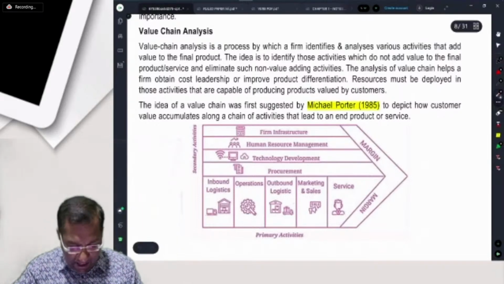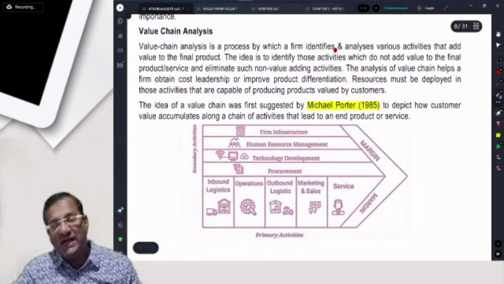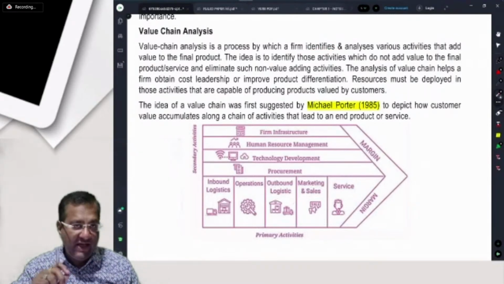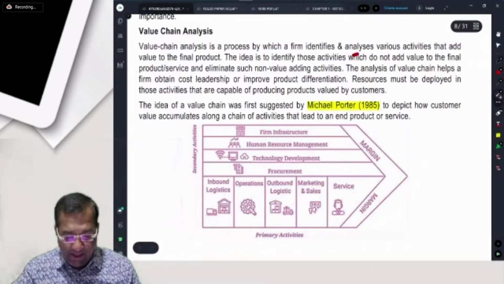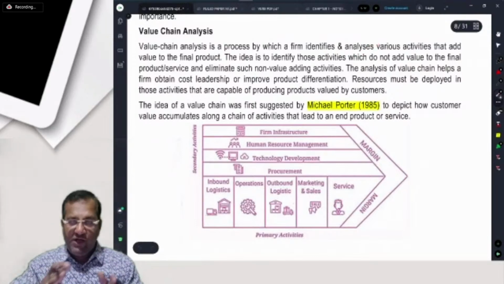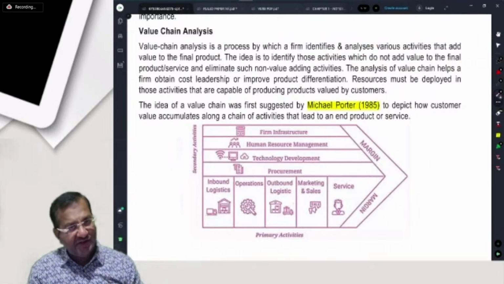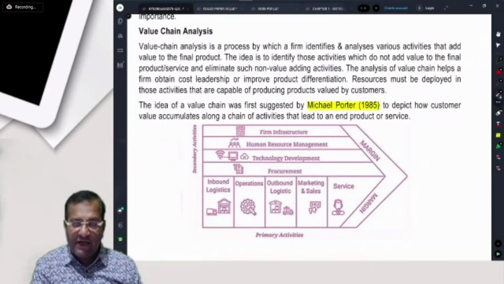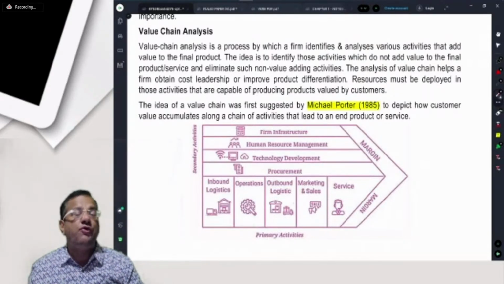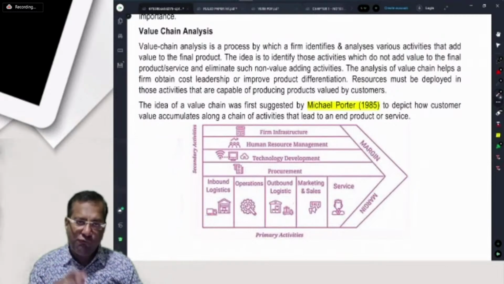The important word is identification. Once the activities are identified, then each and every activity will be analyzed so that we can bifurcate all such activities into value added activity and non-value added activity. What do you mean by value added and non-value added activity?